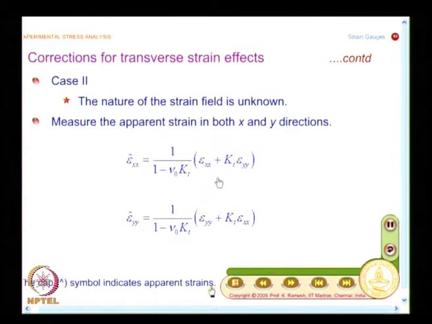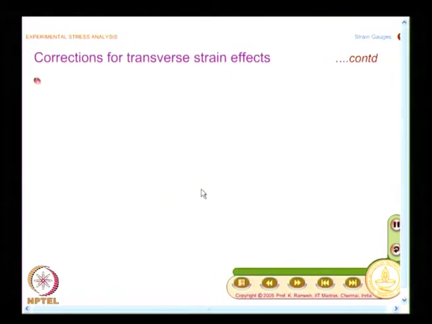And what is the focus? Our focus is to find the true strain or actual strain. Now, I have two equations, I have two unknowns, and simultaneously solve them to get epsilon x x and epsilon y y. So, if I do not know the nature of the strain field, I need to do more work and find out what is the actual strain.